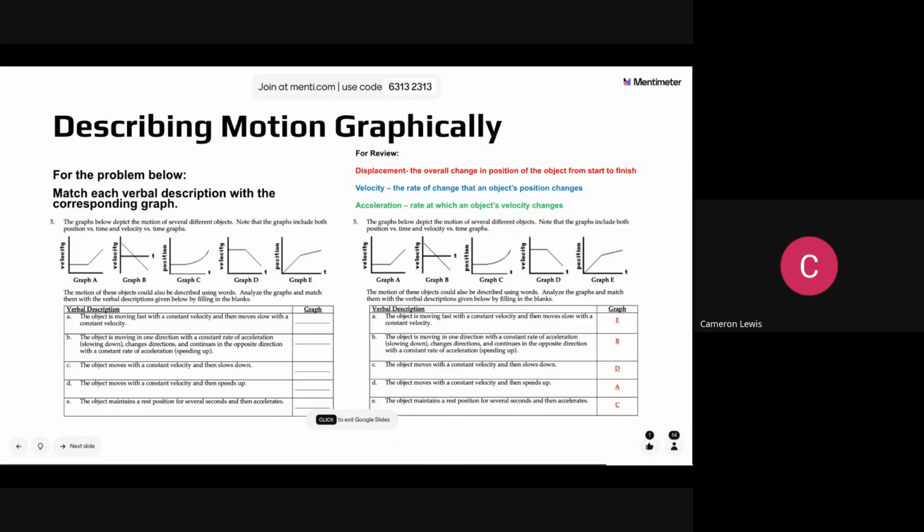Now the rest of these are all velocity graphs, right? So now these ones should be what we just saw beforehand. So if I look at verbal description B, right? It correlates with graph B, right? So the object is moving in one direction with a constant rate of acceleration, slowing down, then it changes direction.